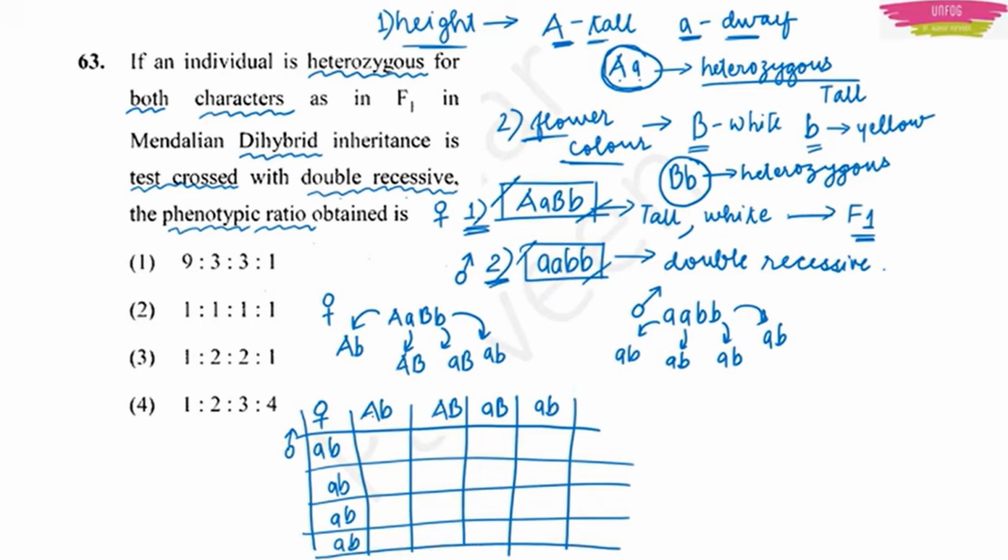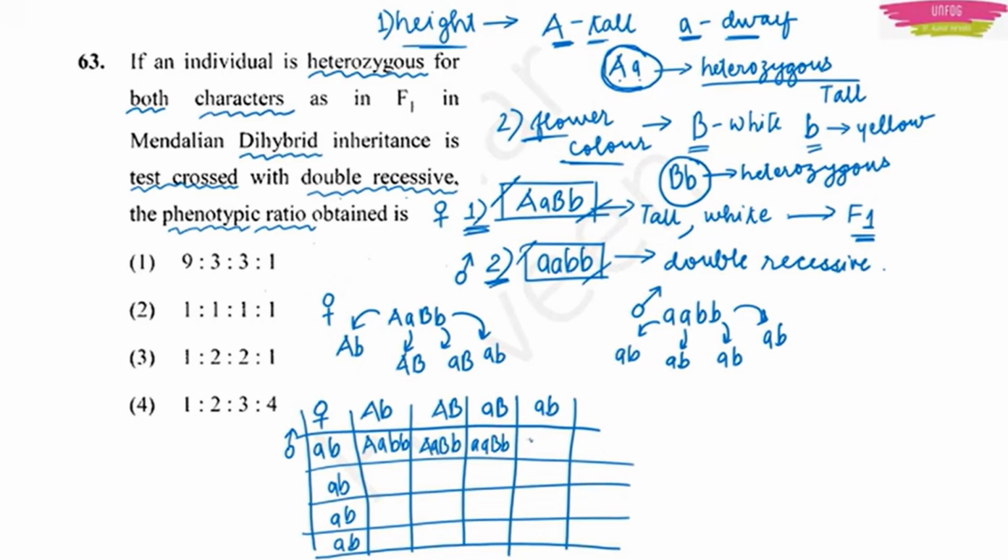Okay. So capital A, small b, small b. This is the first one. Next we have capital A, capital B, small b. Then again we have small a, capital B, small b.